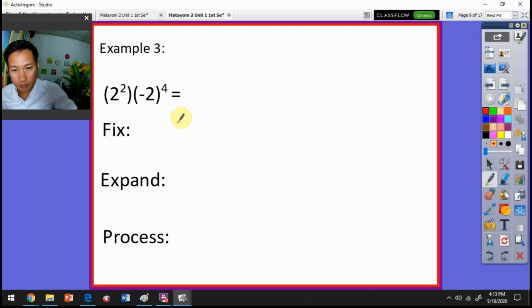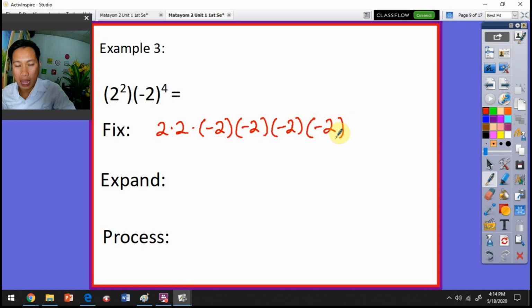So you have 2 times 2, and negative 2 times negative 2 times negative 2 times negative 2. Here's the problem: these bases are the same, these ones are not.